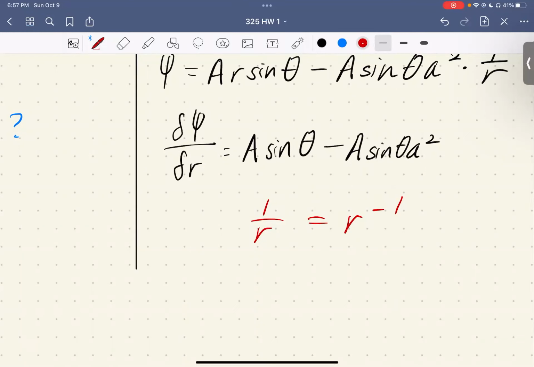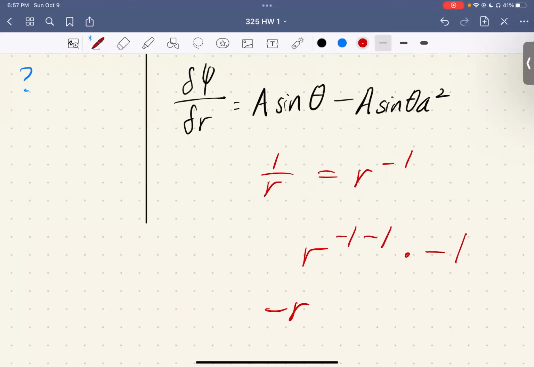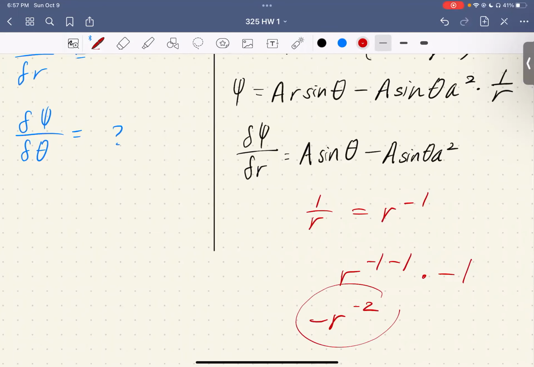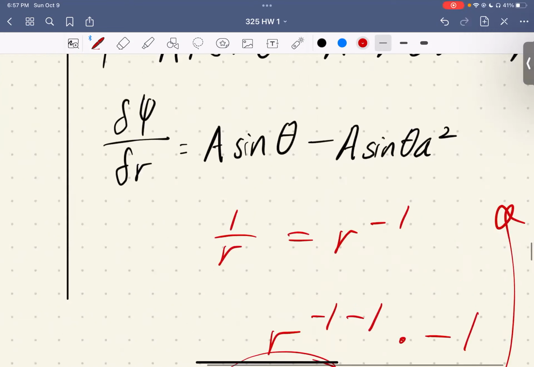So just using our power rule, the derivative of this is r to the minus 1 times negative 1, so that's negative r to the negative second power. So let's bring this back right over here. That's just r to the negative 2, and then this actually becomes positive. So let's keep that in mind. The sign changes right there.